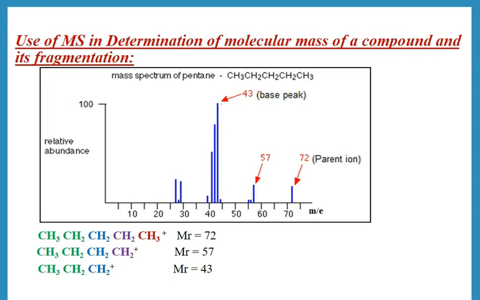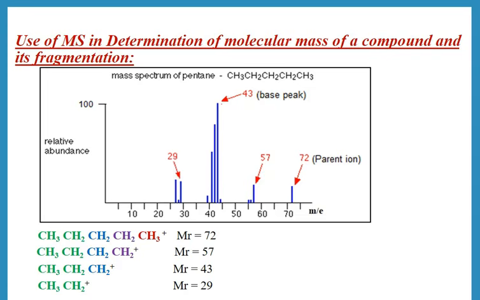It's just, for our syllabus, it just shows the fragments with the highest abundance. This peak is called the base peak. So the peak with the highest abundance is just called the base peak. Other peaks are also due to other fragments. So when we fragment this further, we get the peak at 29.